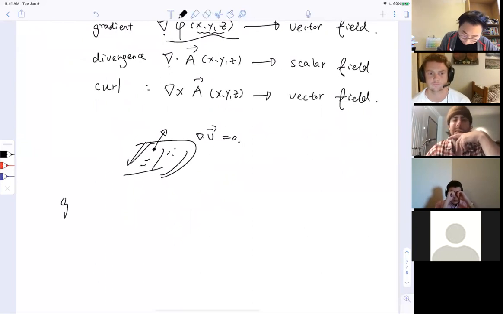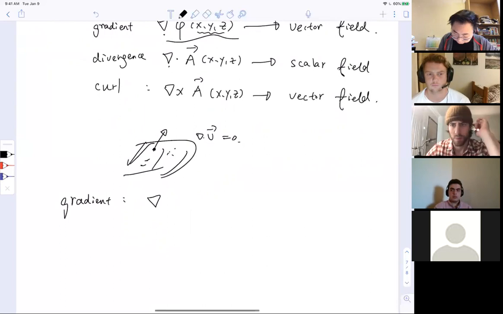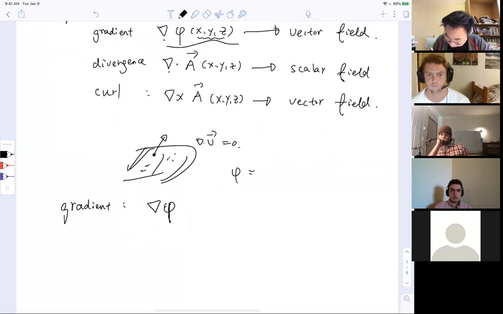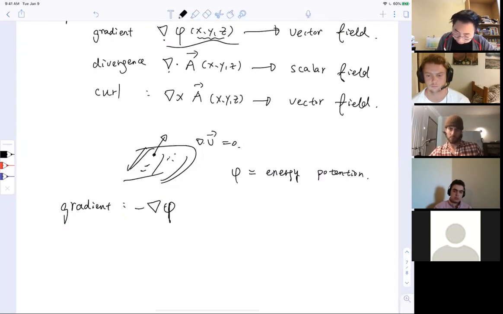So for example, for the gradient, a gradient of a scalar. For example, if this scalar is the energy potential, then minus the gradient of this energy potential will give us the force.